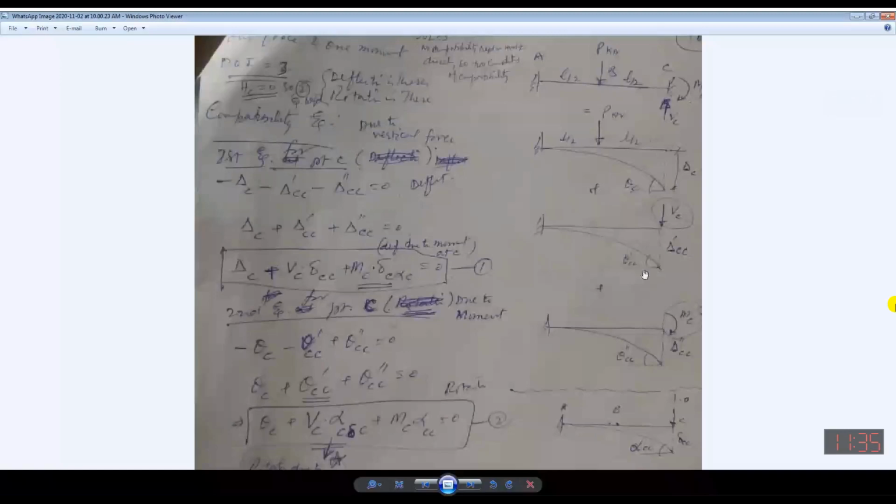Similarly, if I apply MC at the tip of the cantilever beam, then under the effect of this MC, there will be deflection and also rotation. So this is the breakage of the actual beam, and under the law of superposition, these three combined give you the original structure. The combined effect of these three portions will be equal to the effect of this beam.